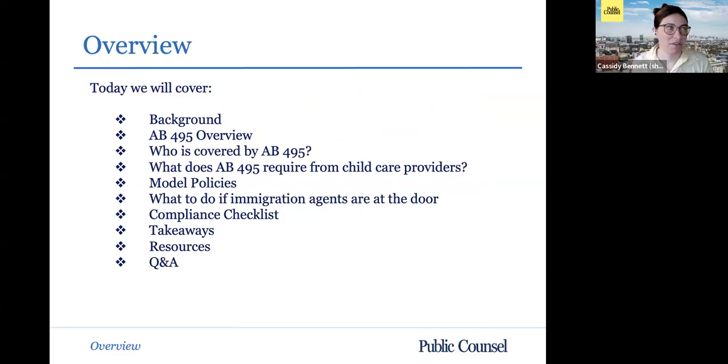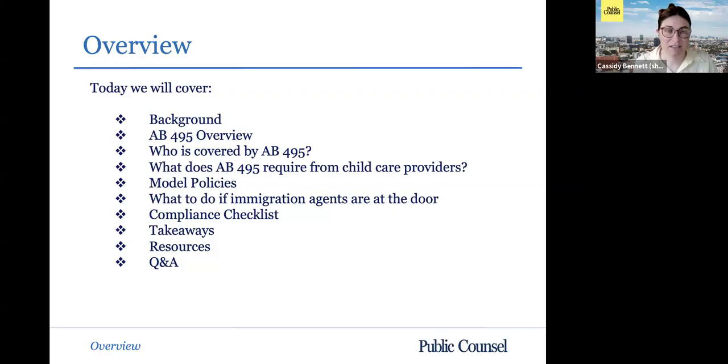It will start with the overview of what we're going to cover. We'll start with background. We'll then go to AB 495 and that overview. We'll talk about who is covered by AB 495. What does AB 495 require from you as childcare providers?